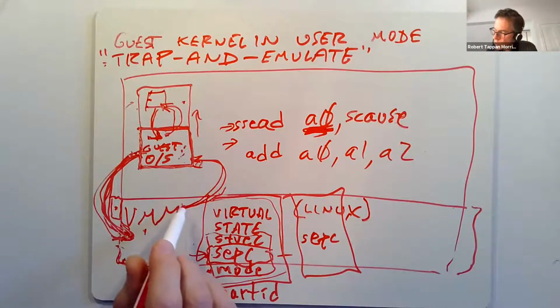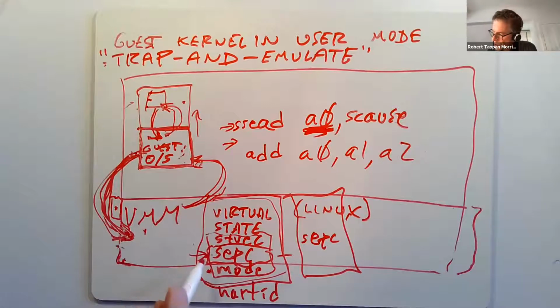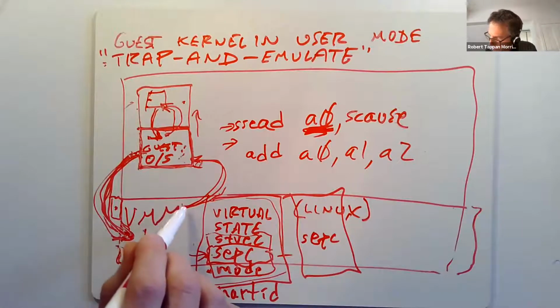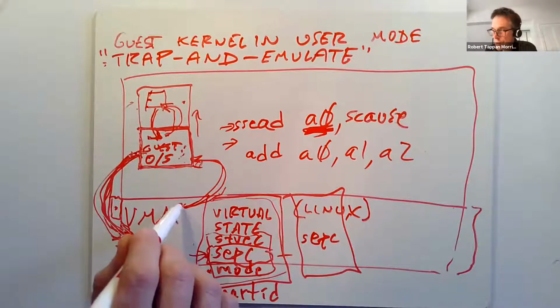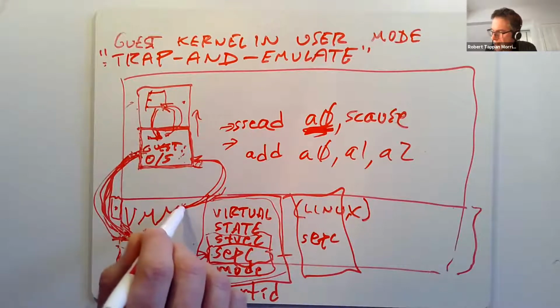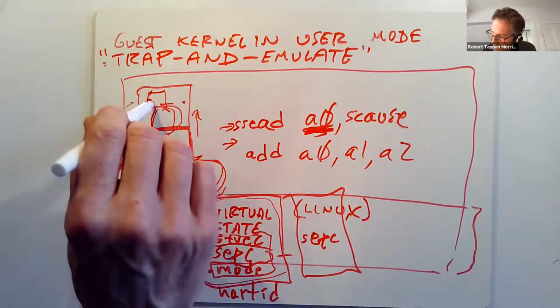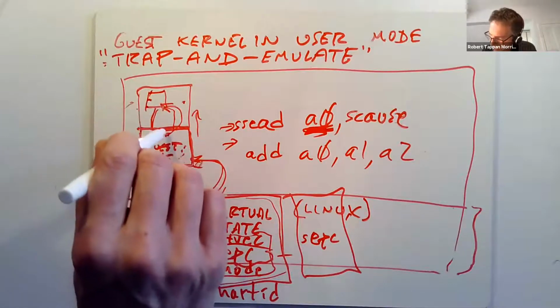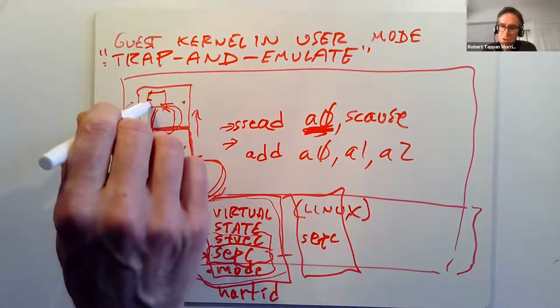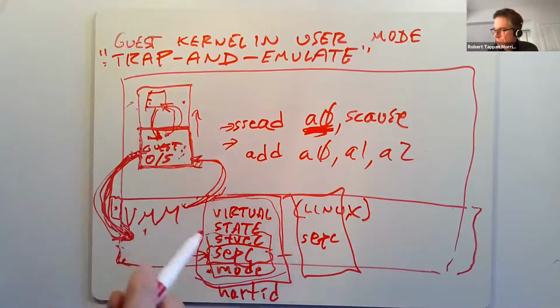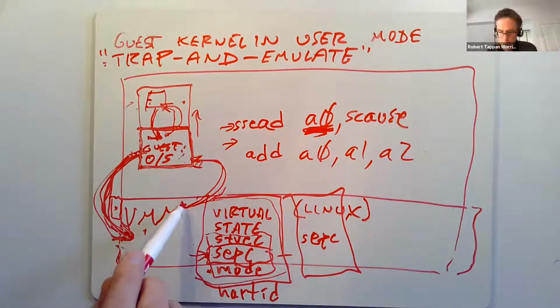Just before it returns from the trap, the virtual machine monitor sets the real SEPC to the virtual SEPC, so that when the virtual machine monitor returns using its own SRET, the program counter value it returns to is the program counter that the guest operating system wanted to return to. So here's a case where very briefly, the real SEPC was set equal to the virtual SEPC.